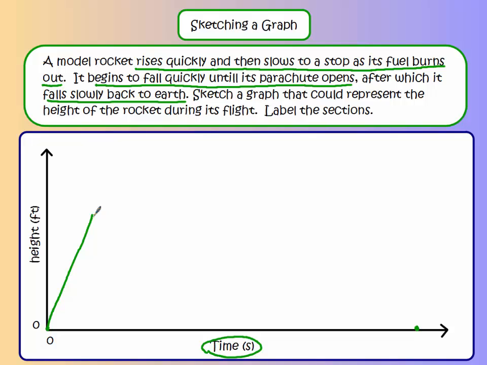And then it's going to slow to a stop. So it's rising quickly, and then the speed starts slowing down, slowing down, slowing down. And as the fuel burns out, it's slowing down. It got a little bit higher, but then it starts to fall. Actually, let's stop our line here.